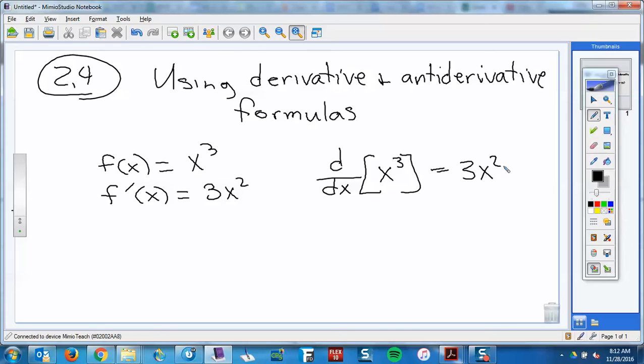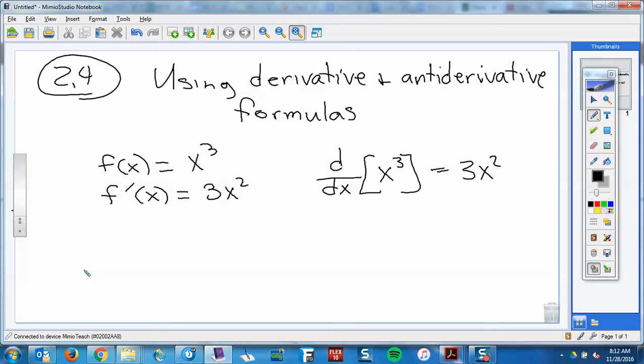So now in sections 4, 6, and 7, the book kind of skips around, but that's the order we're going to go over the next 2 days. We're going to really investigate more of these derivative formulas and start coming up with a list of rules for them.